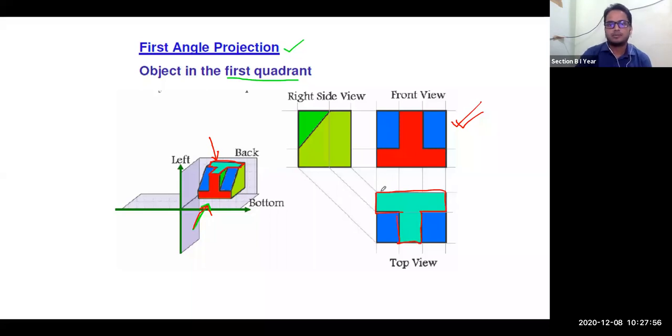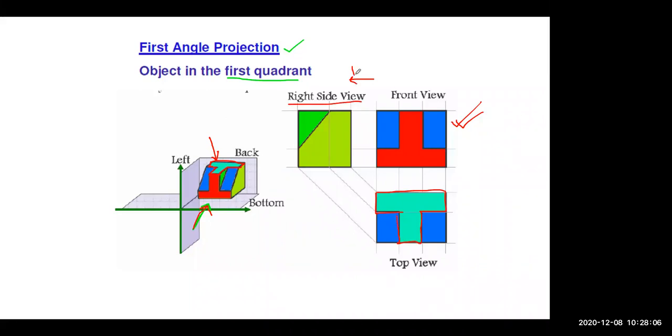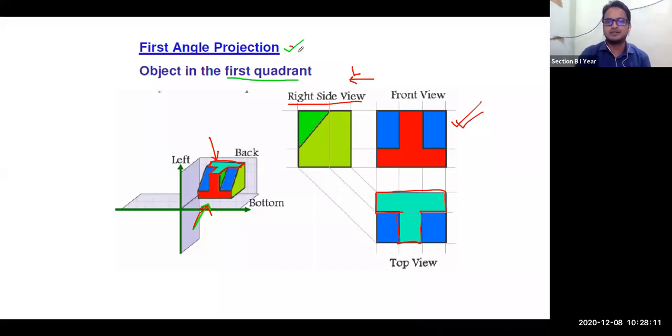Now, the point to be noted once again that I have told you: this right side view is coming to the left side of the front view. So this is first angle. Many students got confused, they draw the right hand side view on the right hand side.